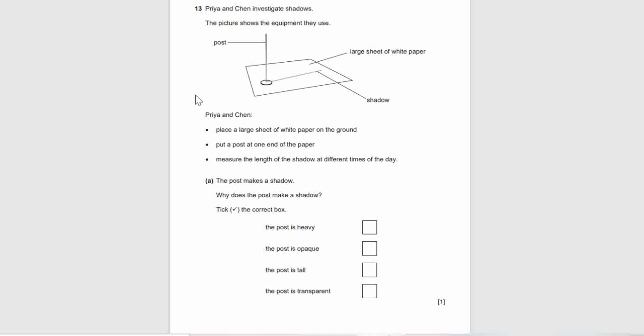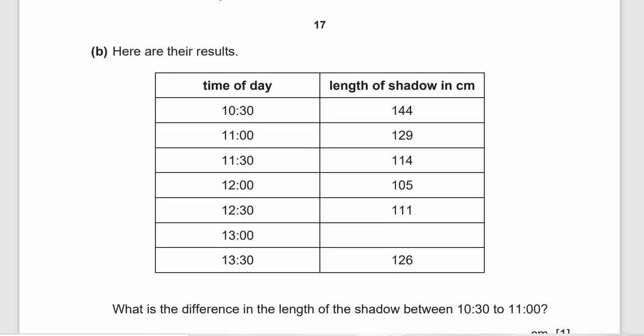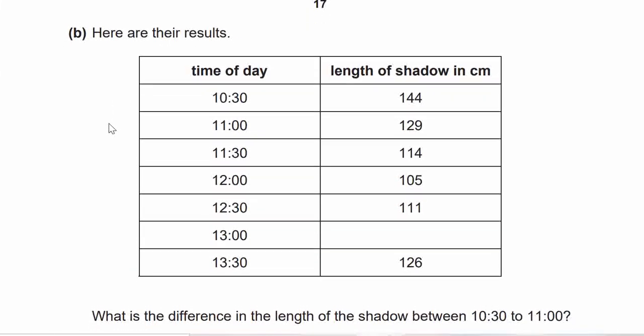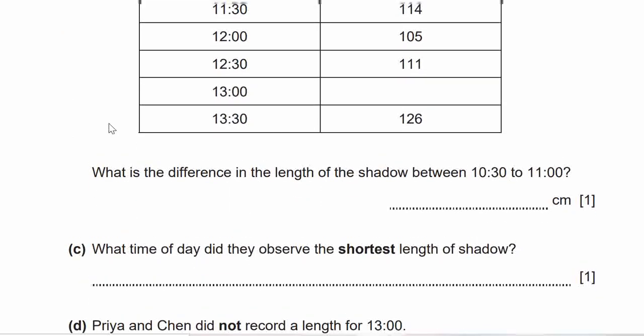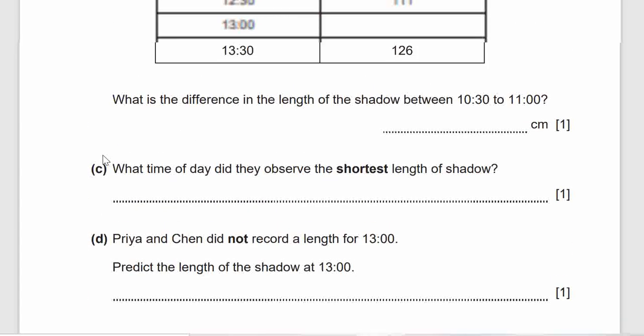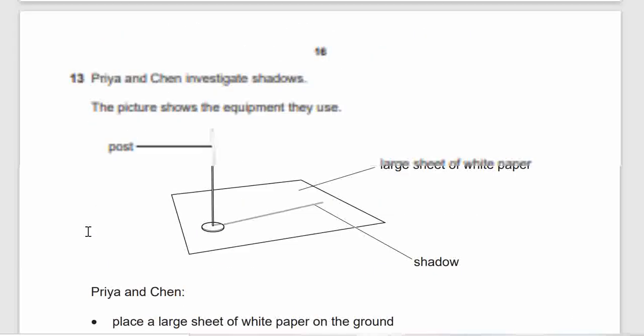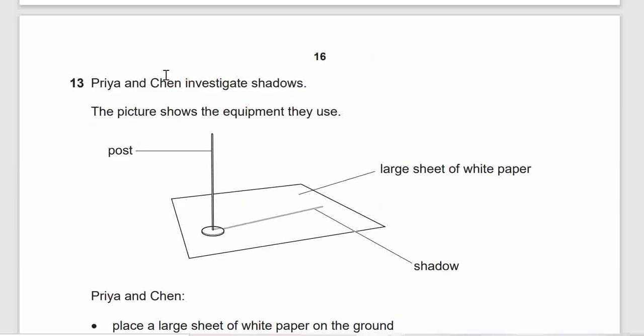Next, let's move to question 13b and C and D. This is the zoom in: 13b, 13c, and D. Next, let's check it out. Oh, this is a blank page, and that is the last question for this paper. Now let's scroll up so we may do the discussion.